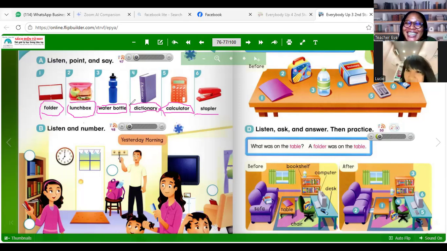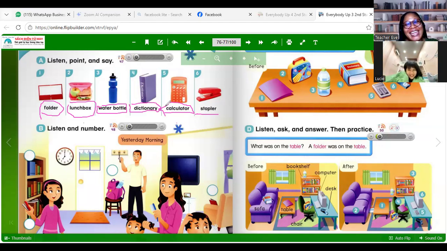Take away. Again. Take away. No. Dictionary. Dictionary. Again. Dictionary. Good. Again. Dictionary. Nice one. Okay, then number 5. Calculator.